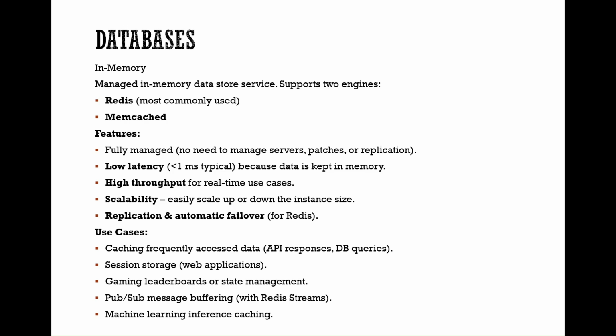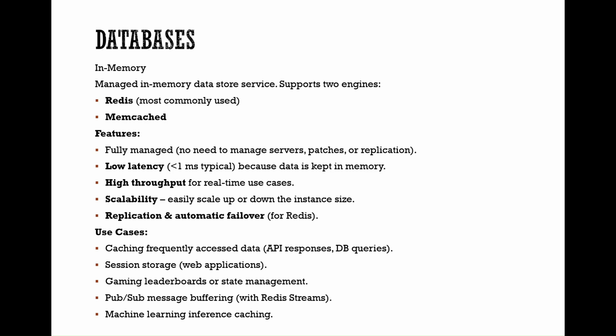When we talk about the features, in GCP they are fully managed, so you don't have to worry about your instances, replications or availability. As I already mentioned, they have very low latency, which is a wonderful thing. High throughput is guaranteed when you use this kind of in-memory database.